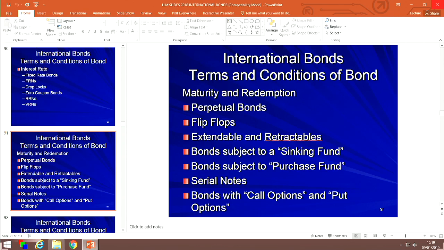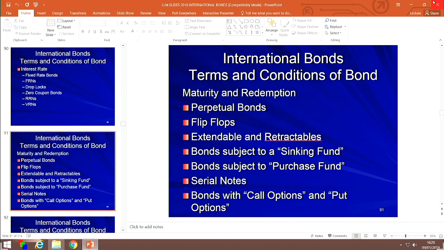Okay, the next type of redemption clause are bonds with call options and put options. Those who are doing derivatives are quite familiar with this stuff, I guess. But yes, it is actually very much a derivative structure embedded in the bond. But let's not worry about that. You can forget about the derivative bit because this is rather straightforward.